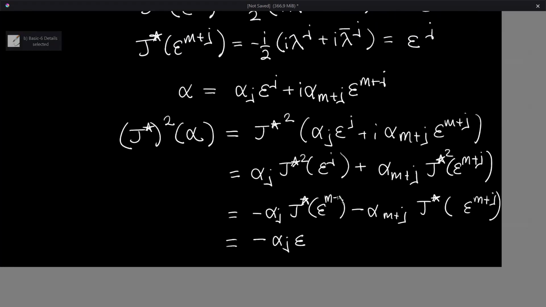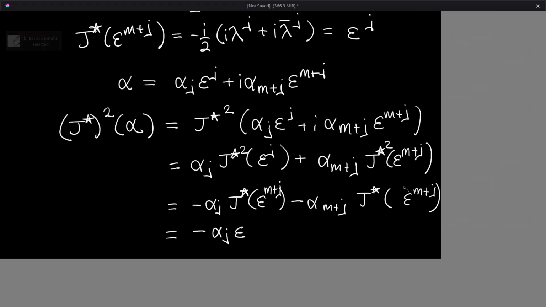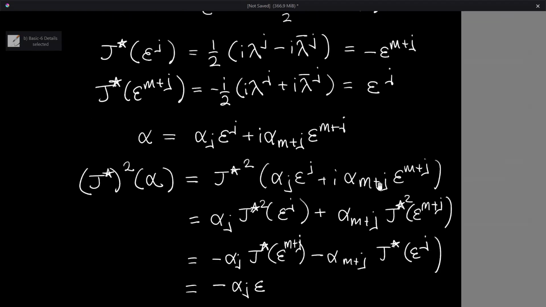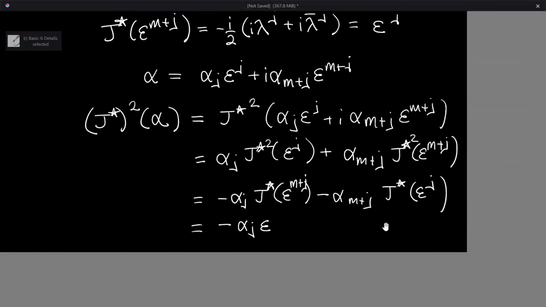Sorry, this should be here, and this should be here, because J star swaps them, right? J star swaps these two.